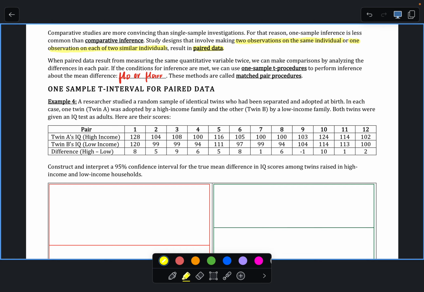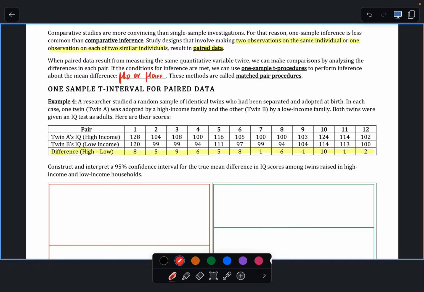And so they gave you the high income, they gave you the low income, and then they gave you the calculated difference between the 2. Usually if you open a question and you see that they gave me the calculated differences, this is a 1 sample test. The only thing I care about from this entire sample is how do twin A and twin B differ from each other?